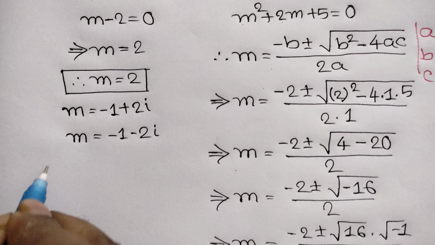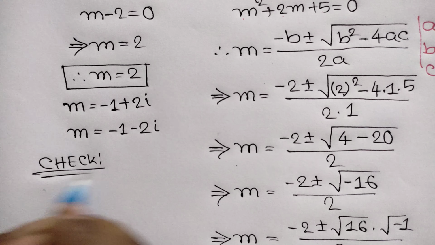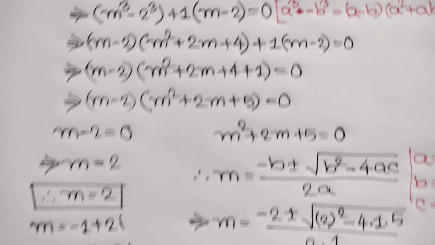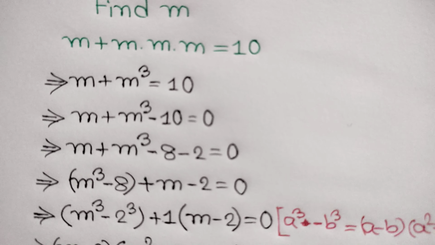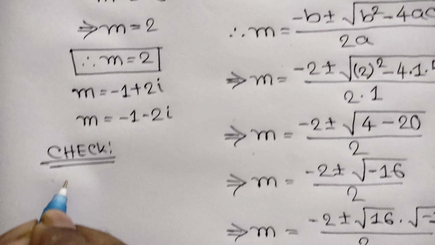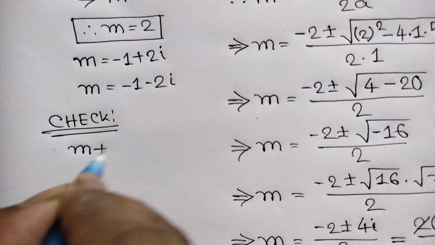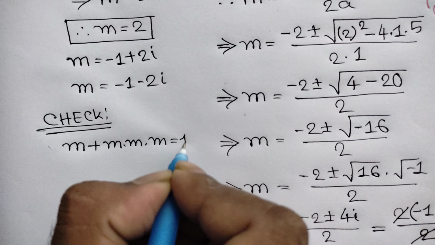Now check. The question has given m plus m times m times m is equal to 10.